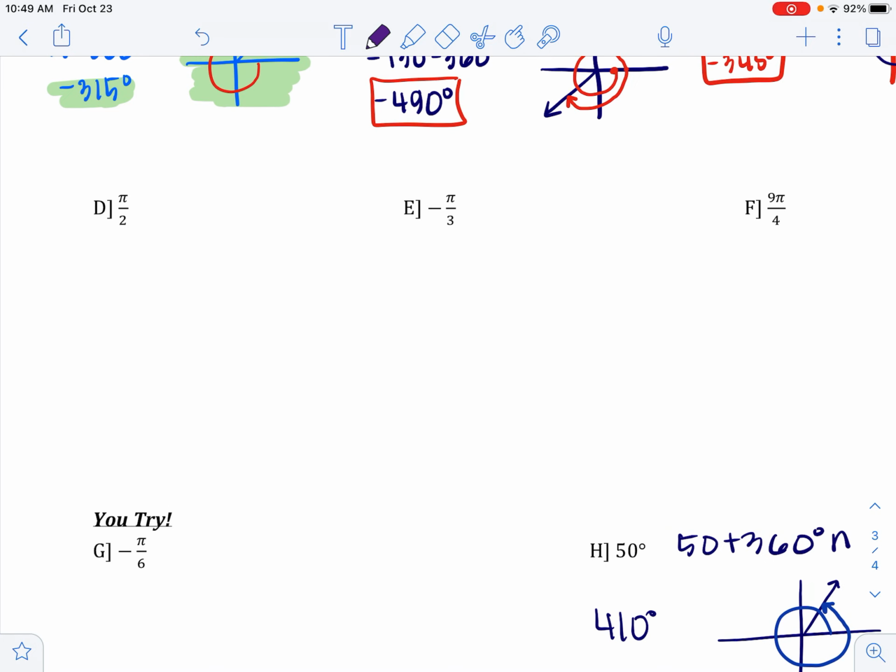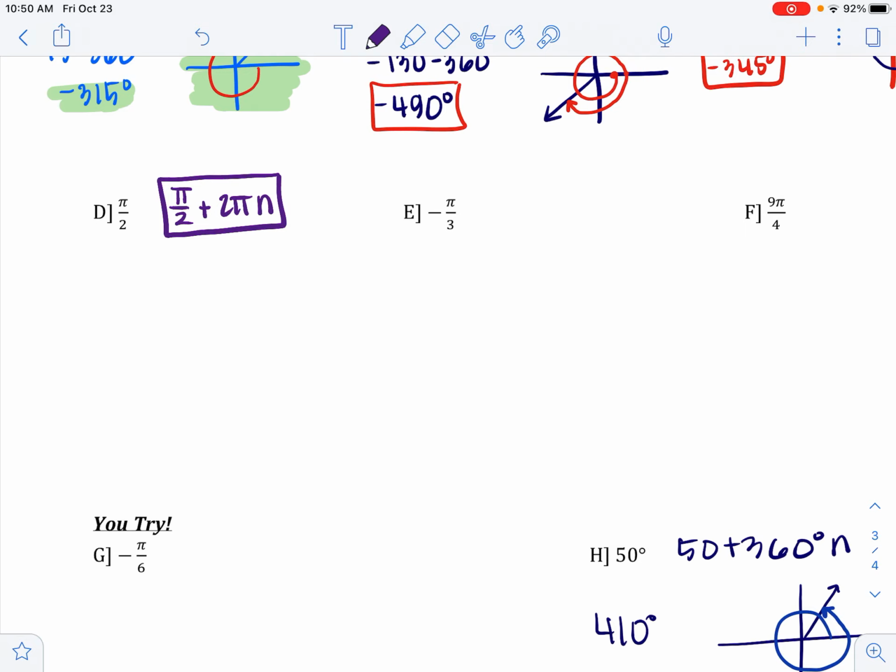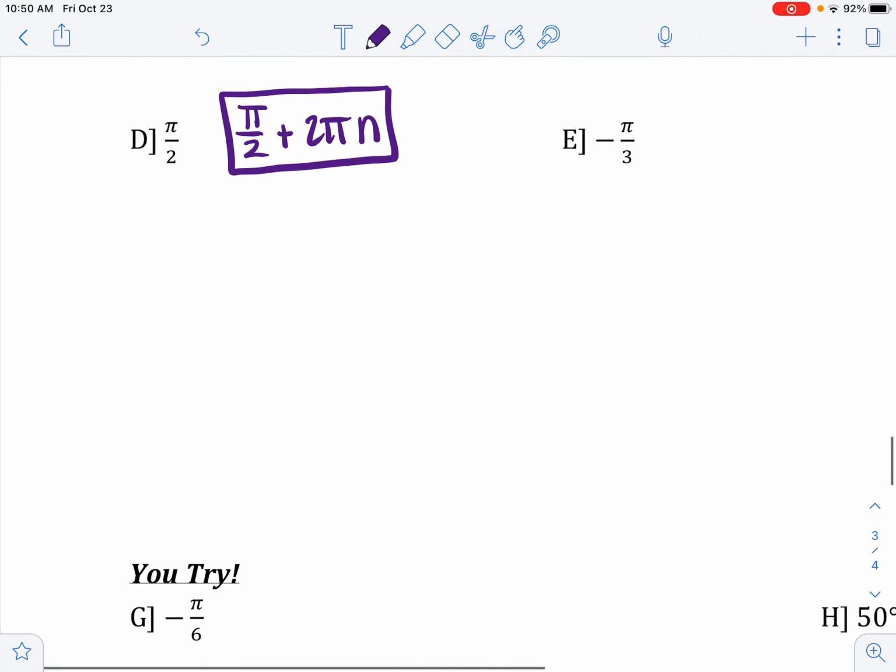All right, now let's do radians. For any angle that is coterminal to pi over 2, I would do pi over 2 plus, and I'm not going to put 360 in because I'm not going to add degrees to radians. I'm going to say plus 2 pi n. That is going to be any angle. Now to get a coterminal angle, I'm going to do pi over 2 plus 2 pi.